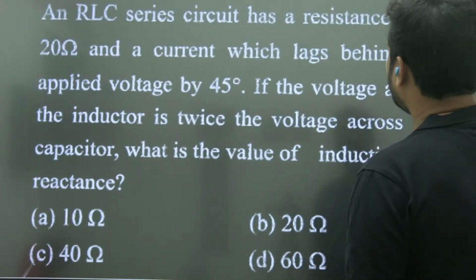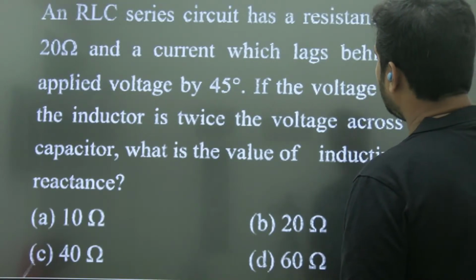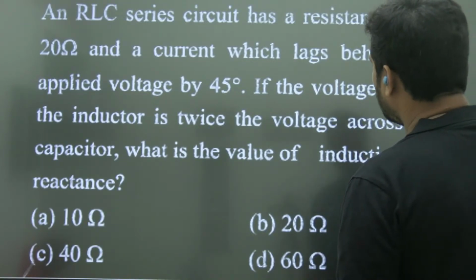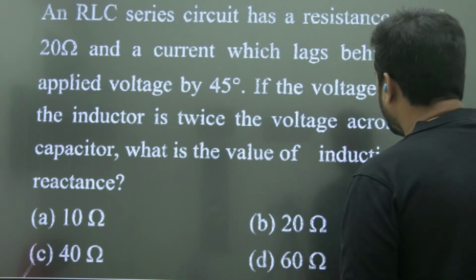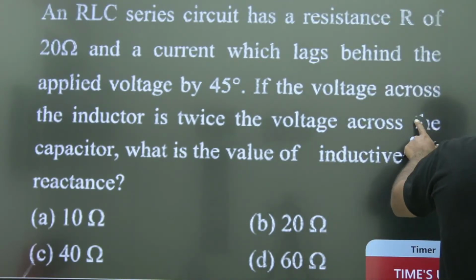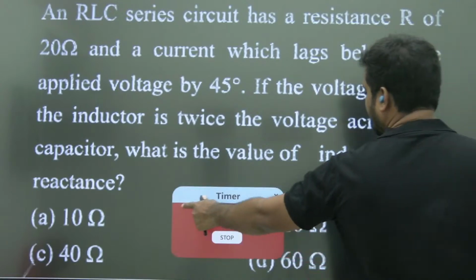An RLC circuit has a resistance of R equal to 20. The current lags behind the applied voltage by 45 degrees. The voltage across the inductor is twice the voltage across the capacitor. What is the value of inductor reactance?